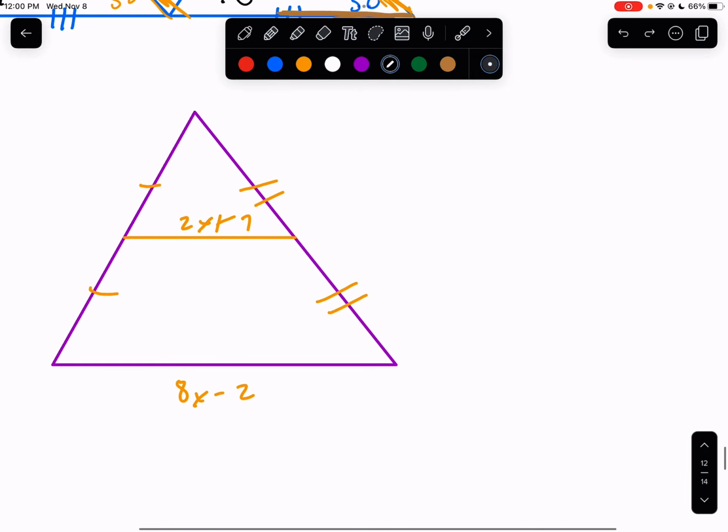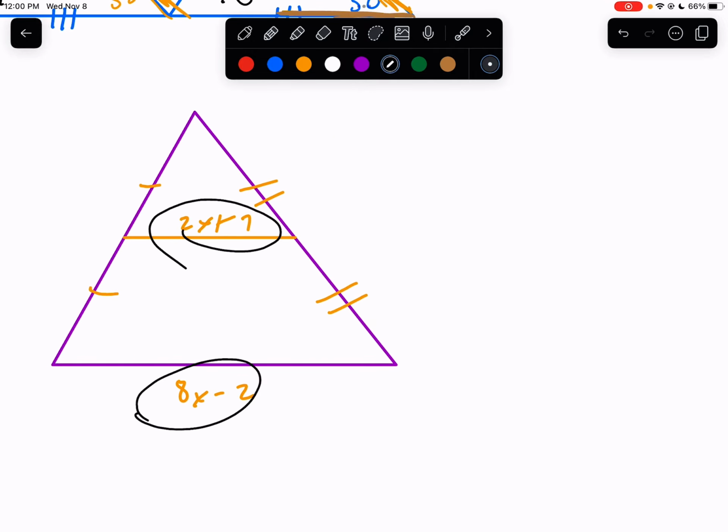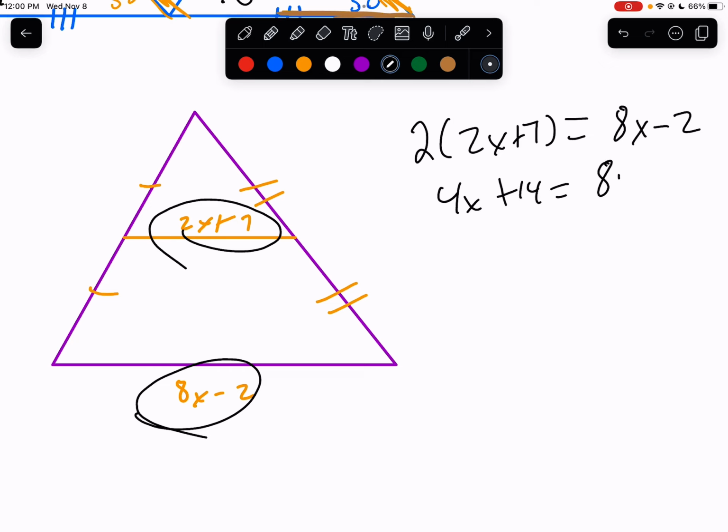Also, if we have a situation like this, we know that the mid-segment is exactly half its base. That means it would take two mid-segments to equal its base. So 4x plus 14 would equal 8x minus 2. So 4x would equal 16, x equals 4. Plug it in and check it out.